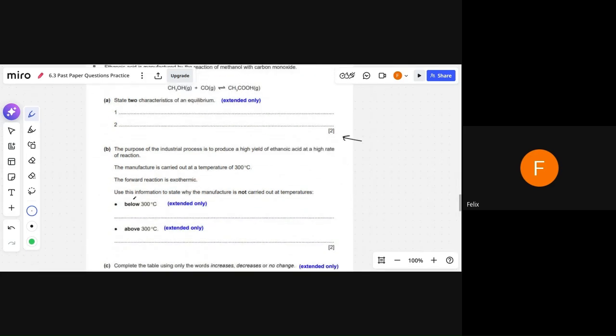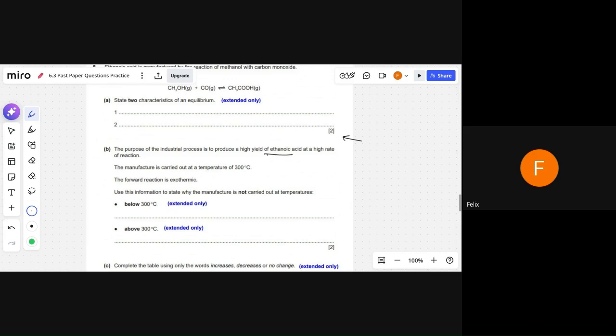Okay, they use this information to state why the manufacture is not carried out at temperatures below 300. What are they producing? Industrial process to produce ethanoic acid, high yield of ethanoic acid. The purpose of the industrial process is to produce a high yield of ethanoic acid at a high rate. So again, it's related to collision theory. If you use a temperature below 300, the rate will decrease, right?